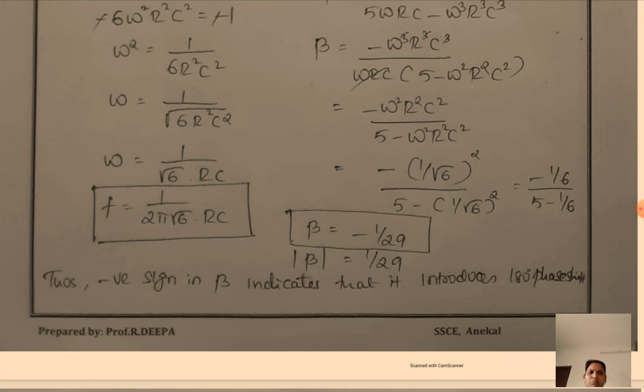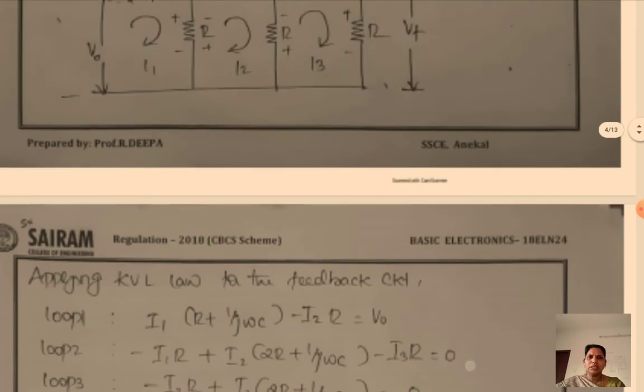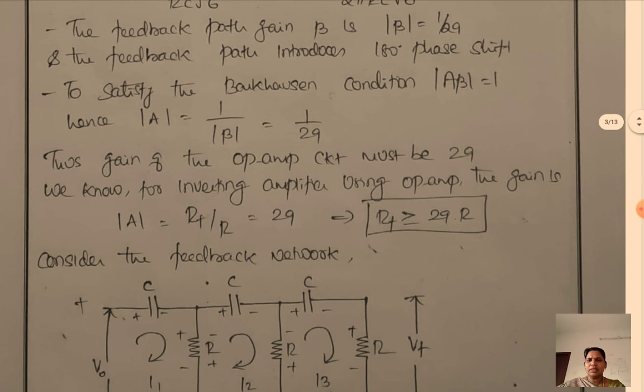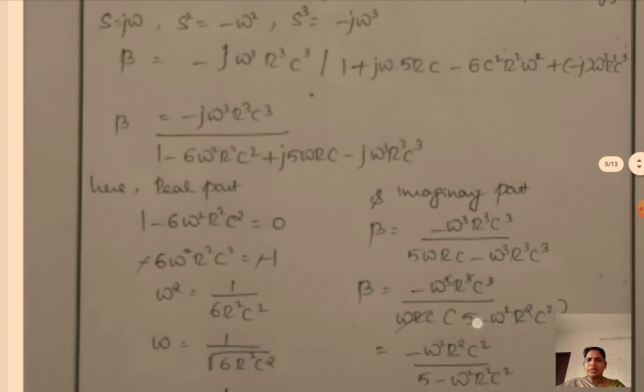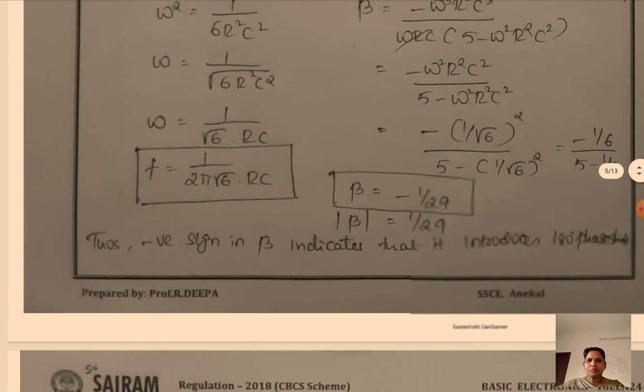You can observe that in the introduction for the RC phase shift oscillator, we arrived at the result that beta has to be equal to 1 divided by 29. By analyzing this feedback network, we are able to prove that beta has to be equal to 1 divided by 29.